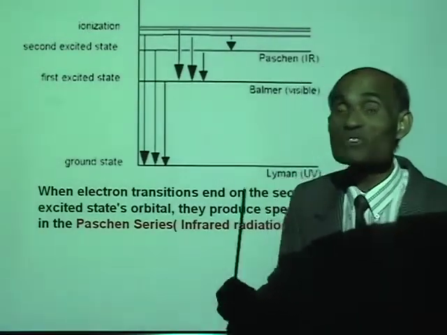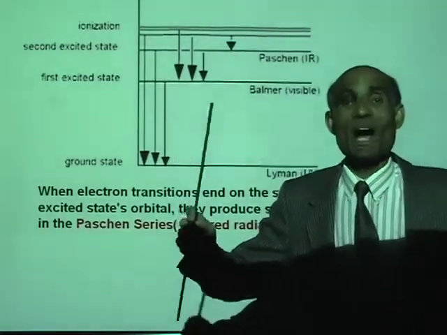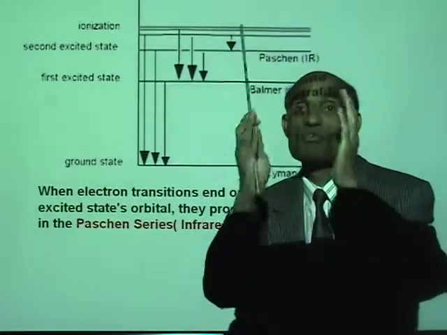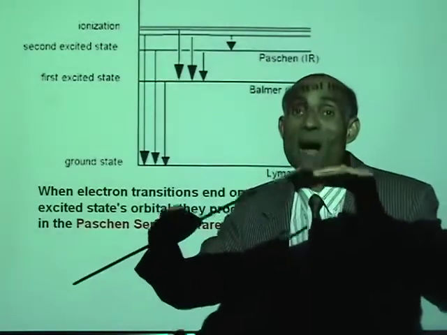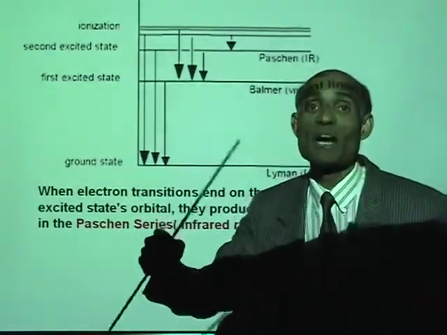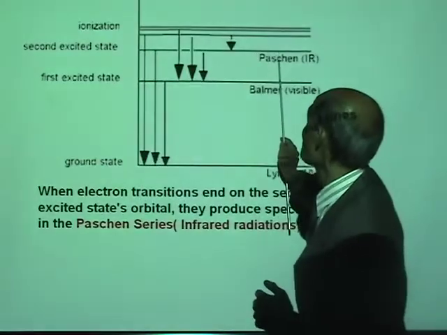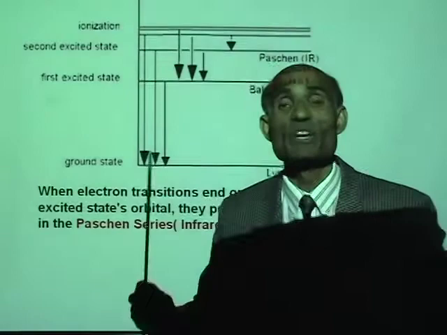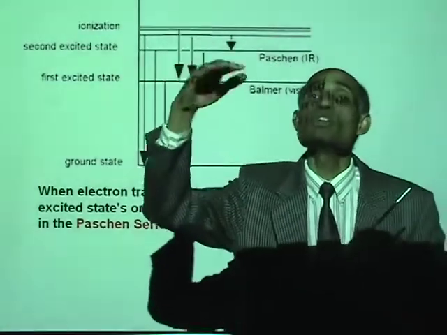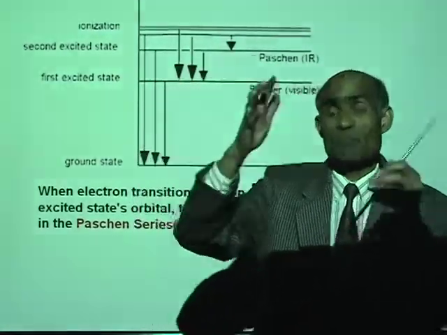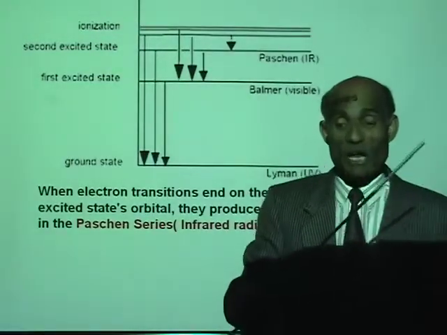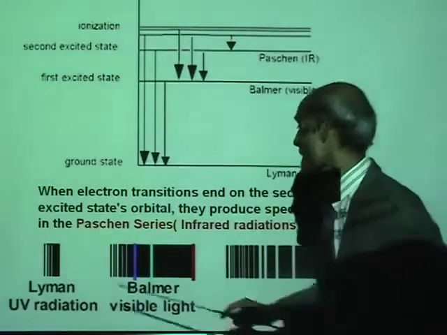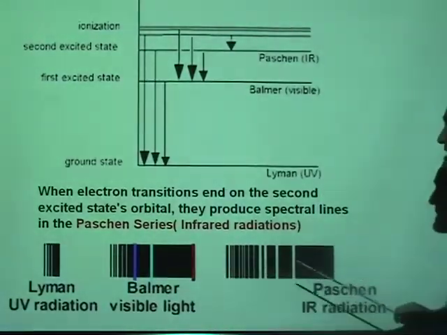So these three radiations you should be very familiar with. Ultraviolet, that's the Lyman series of radiation. Visible light, that is the Bohr series of radiations. And Paschen series, that is the infrared radiations. You can see infrared are very low energy, then comes visible light, and ultraviolet are very high energy radiations.